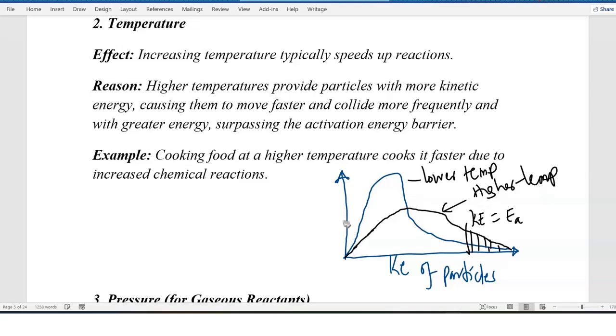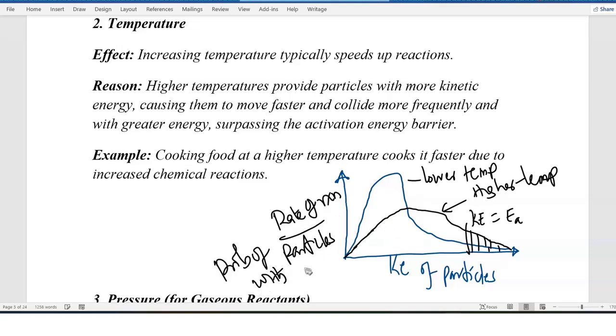So this is at lower temperatures, and this is at higher temperatures. On this side we can say the rate of reaction, or the probability of particles with a particular kinetic energy. Once the temperatures are low, then the rate of reaction is actually low.